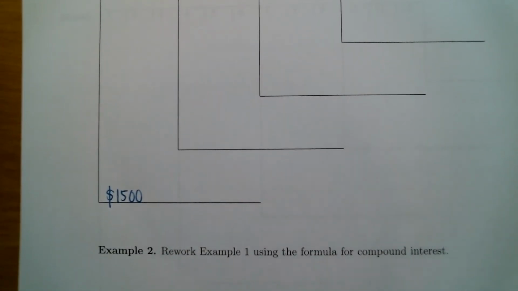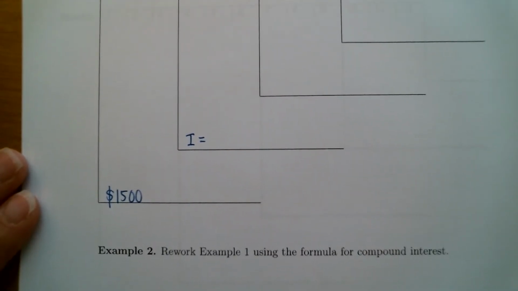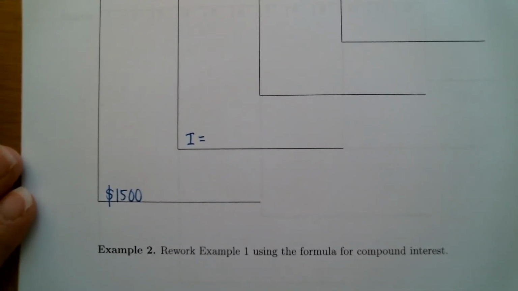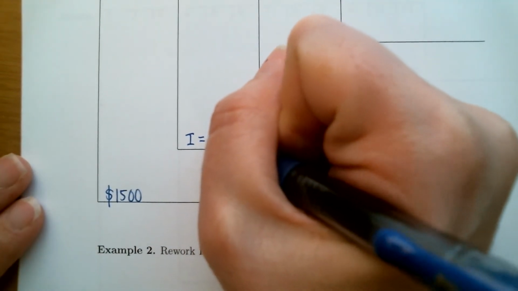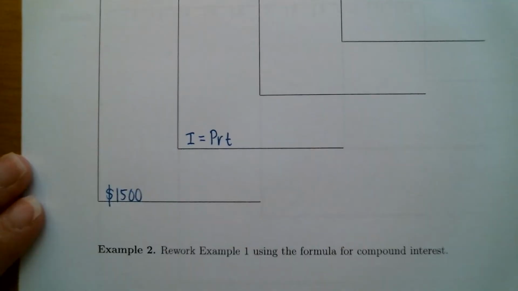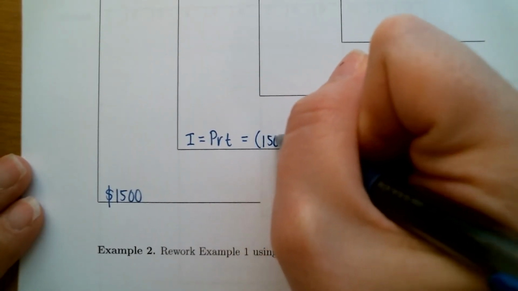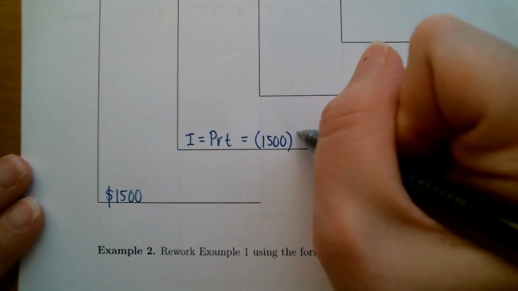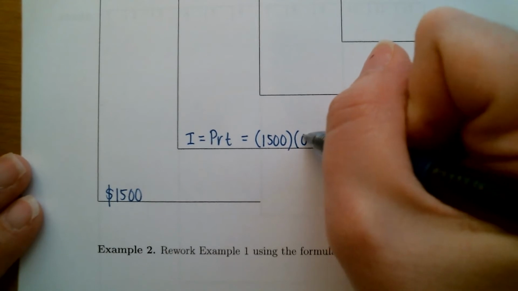All right, so we need to figure out how much interest we've earned in this quarter. To calculate interest, you're going to do what you did for simple interest. In this past 3 months, it's been earning interest, and that's just the principal times the rate times the time. So my principal is I had $1,500 in the account. The rate is 4.8%, but remember you have to work with that as a decimal.